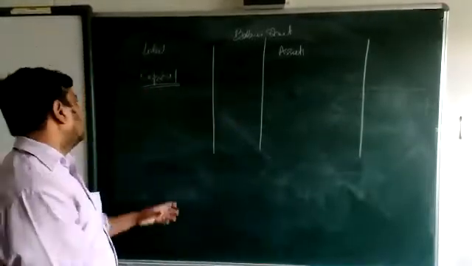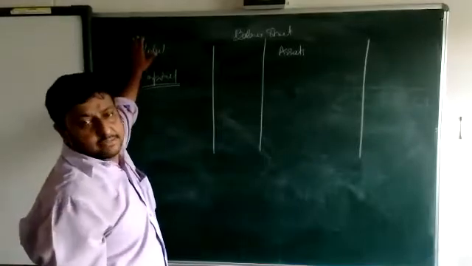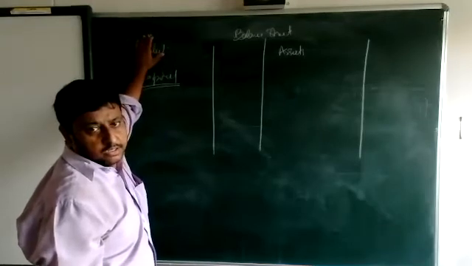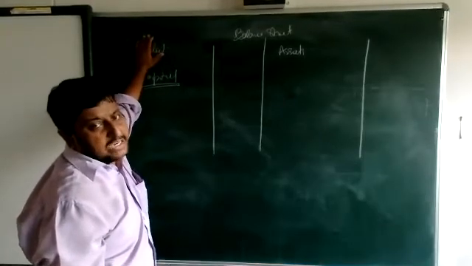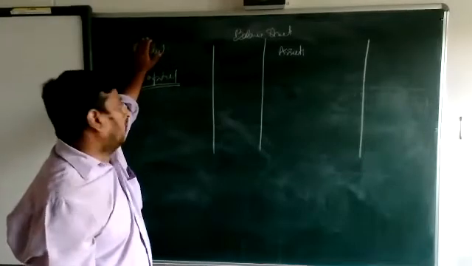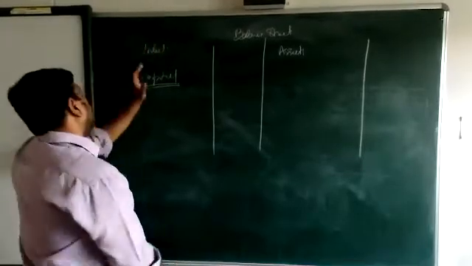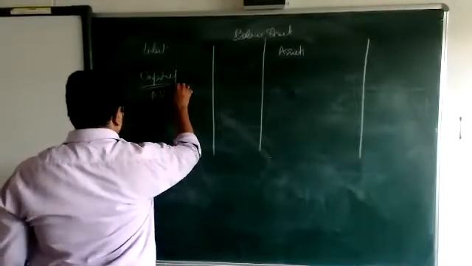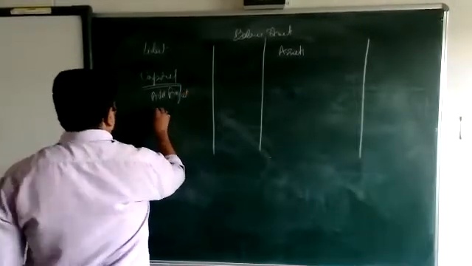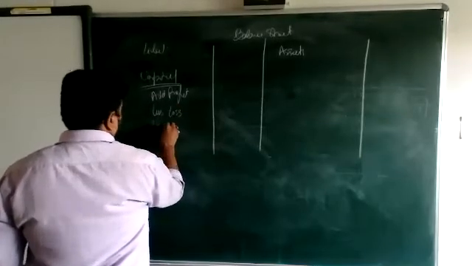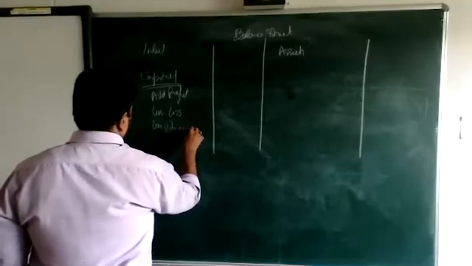In liabilities, same things. The liability utilized for a long period is non-current; utilized for a short period, less than 12 months, is current. And then capital: we are adding to this capital the profit, less loss, less drawing.